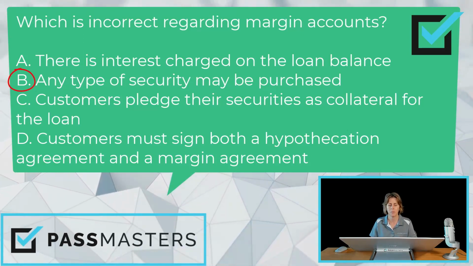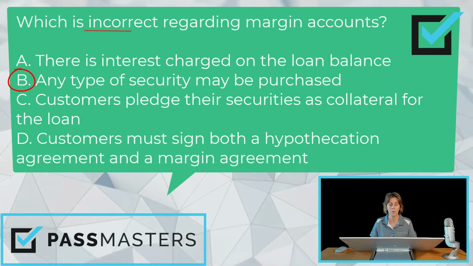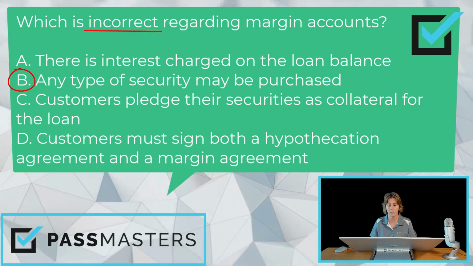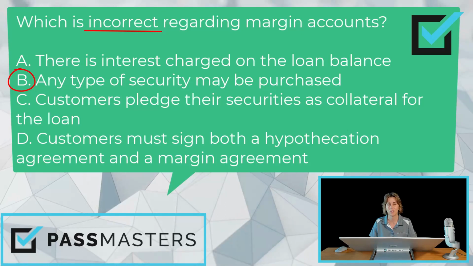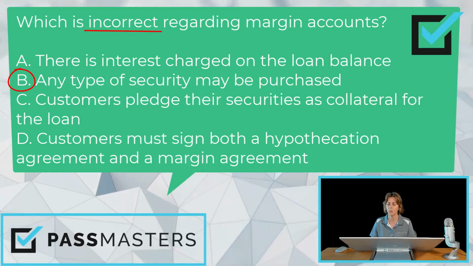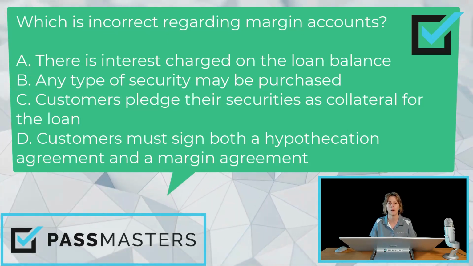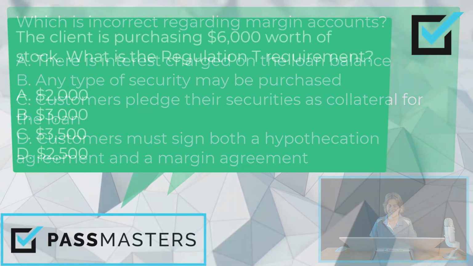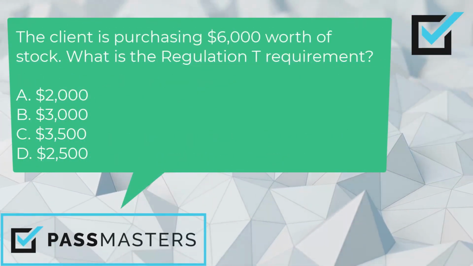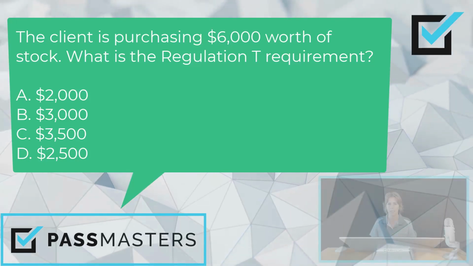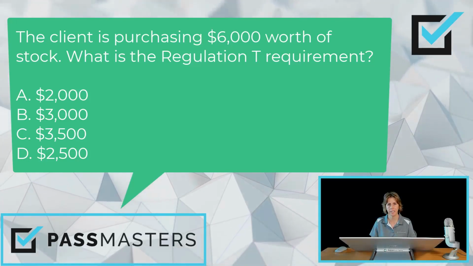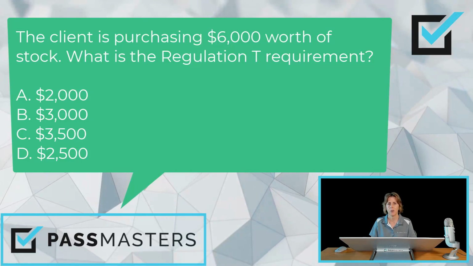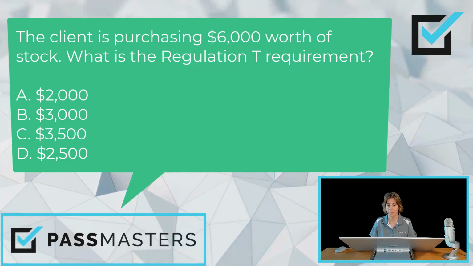Any type of security may be purchased is incorrect. Not all securities are marginable. So Federal Reserve Board Regulation T identifies which securities may be purchased on margin. This marginable securities list. The client is purchasing $6,000 worth of stock. What is the Regulation T requirement? So do they have to deposit $6,000?